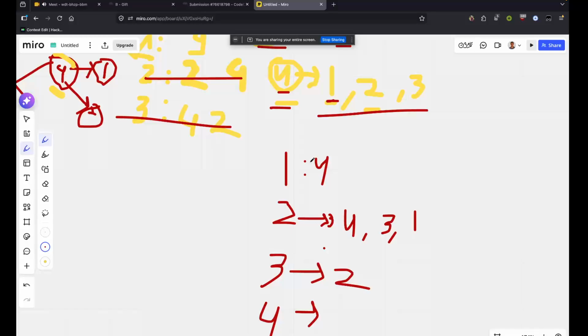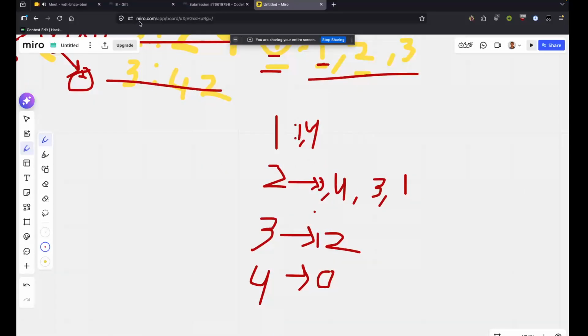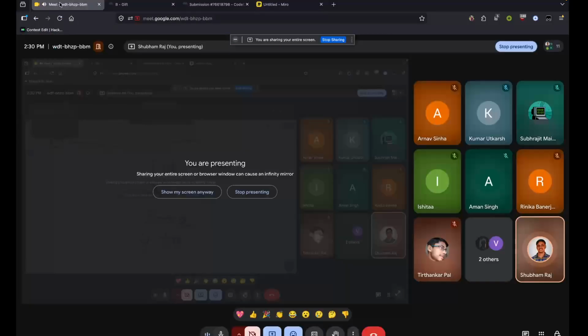So first we'll be printing 1, then 4, and for second we will be printing 3, like the size, you can say, how many gifts they are receiving. And for third, it is getting 1 and 2, and 4 it is because it is not getting any gift, right? So I hope the question is clear to you, Arnav.